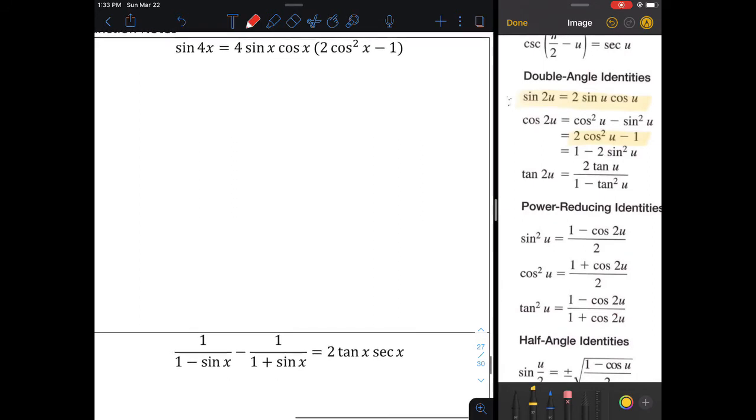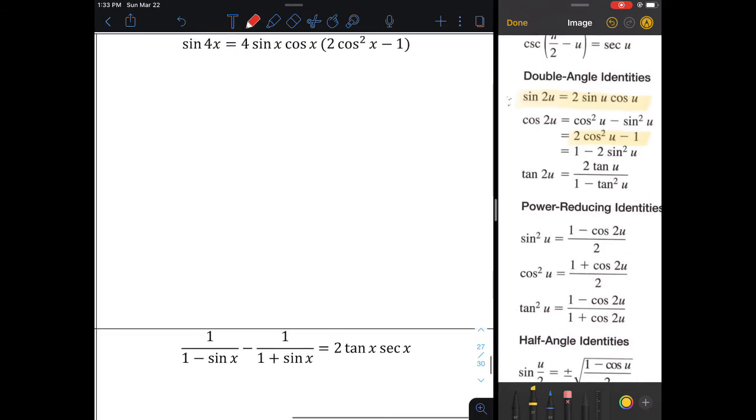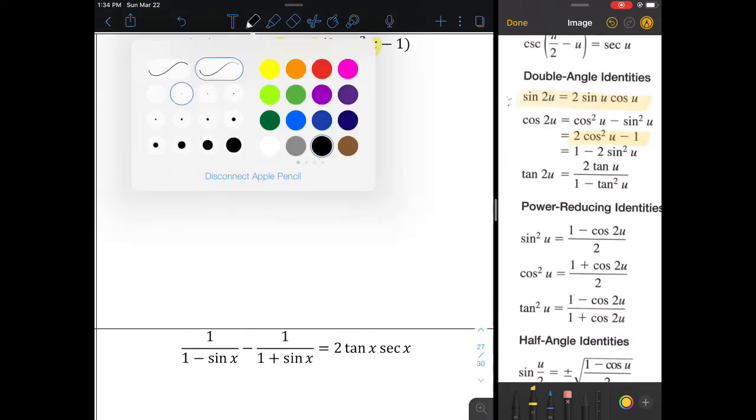All right, let's go on to the next one. Now I have sine of 4 times x, and I want to break it all the way down, looking at this right-hand side, such that there's only a 1x on the inside everywhere. Well, the first move here would be to take the sine of 4x and rewrite it as sine of 2 times 2x and use the double angle formula for sine.